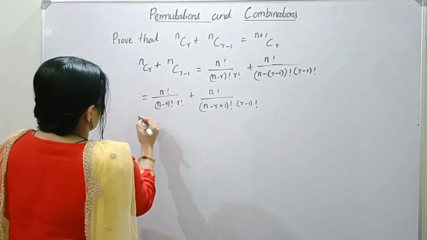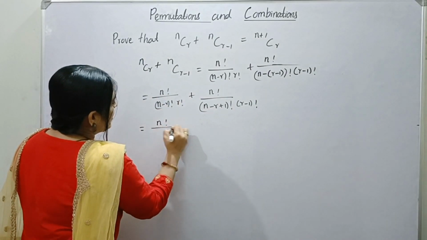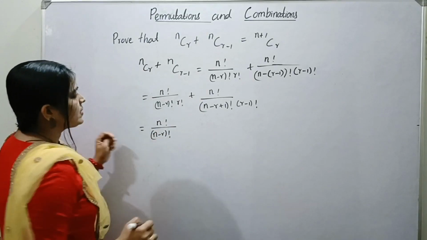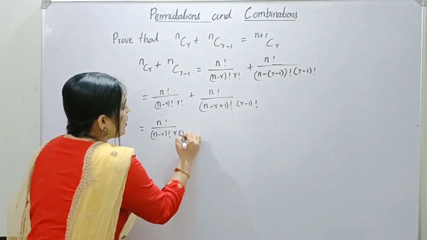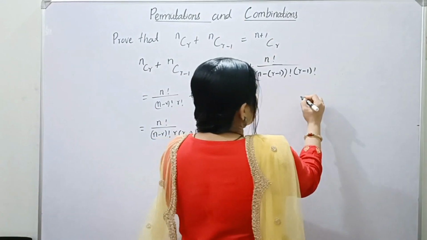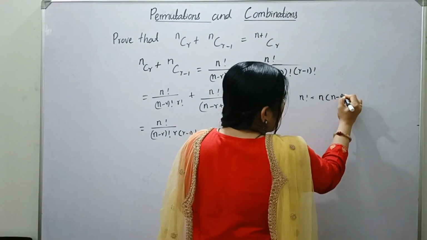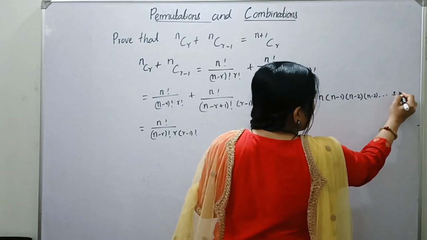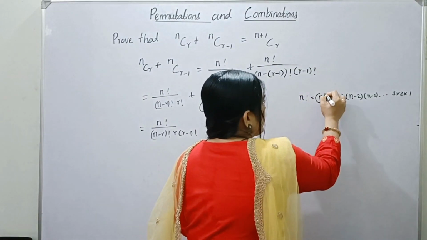Now next, that is equal to n factorial divided by (n minus r) factorial. See, we can write r factorial as r into (r minus 1) factorial, isn't it? How? We know that n factorial is nothing but n into (n minus 1) into (n minus 2) into (n minus 3), etc., 3 into 2 into 1. Take this term separate.